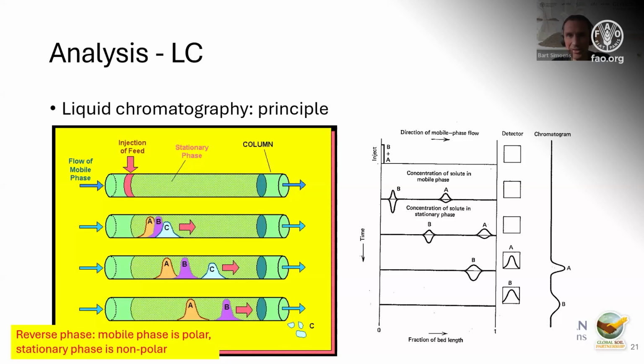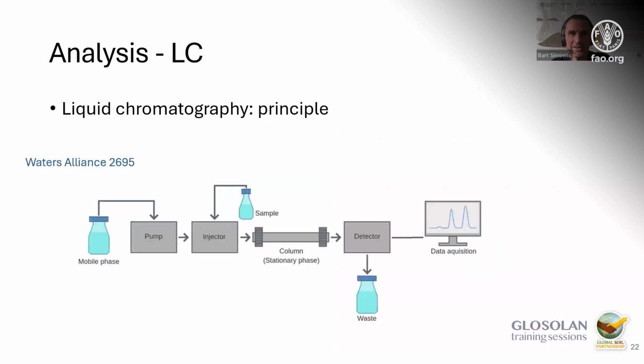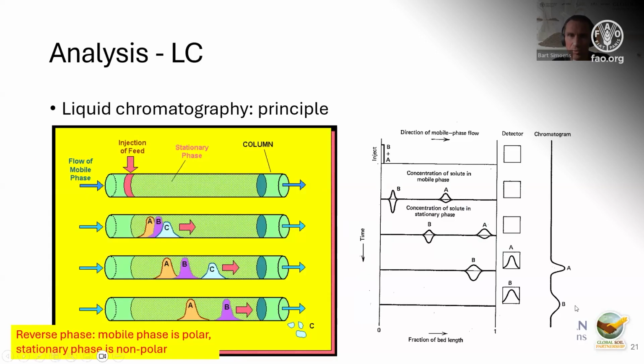So that's the idea. And it allows for a first indication of the molecule, because the time where a certain compound leaves the system is indicative for the presence of that compound. So the same molecule will always leave the column at the same time, which is called the retention time, if you don't change the procedure.